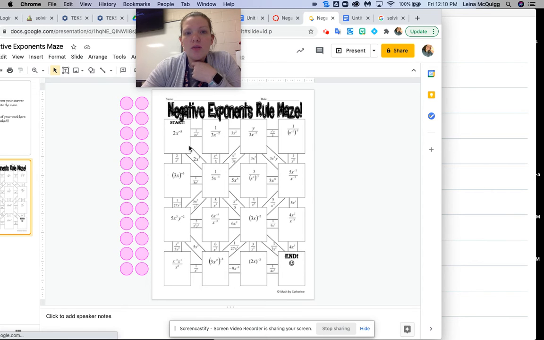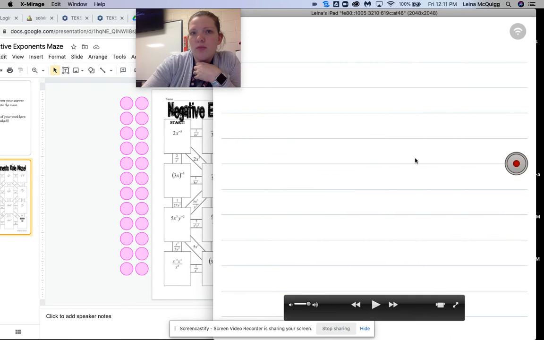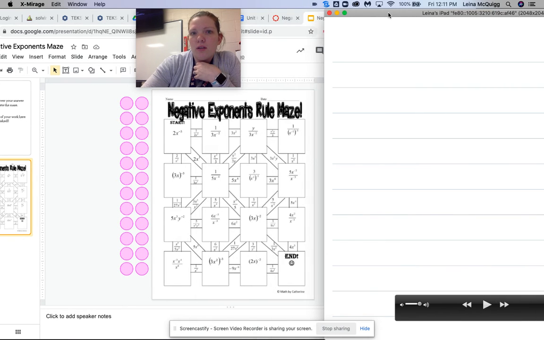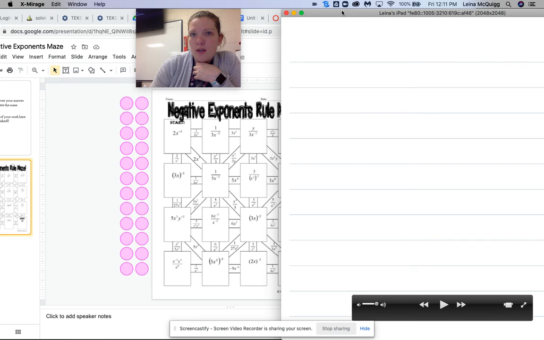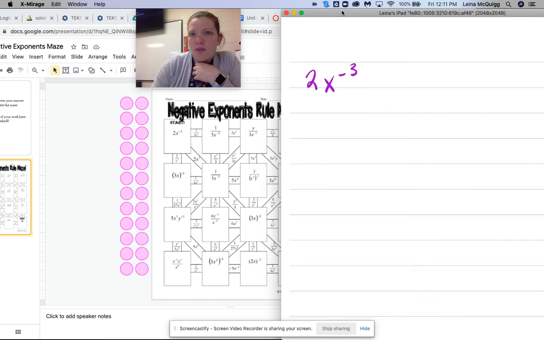All right, so we have this first example. Let me pull this over here. This first problem here is 2x to the negative 3. So I want to look at each piece individually. I have a 2, and then I have an x to the power of negative 3.